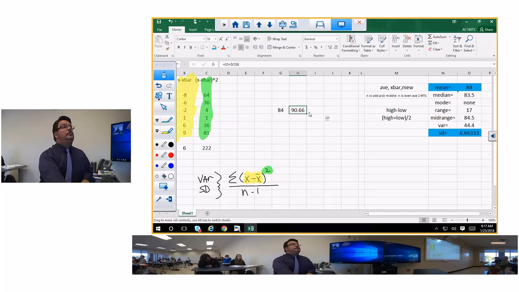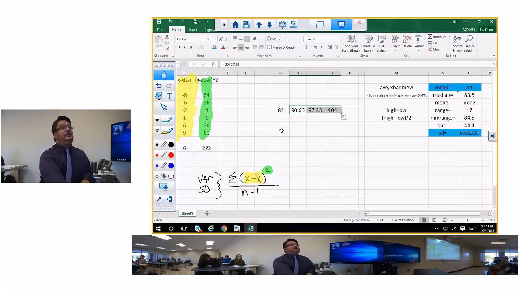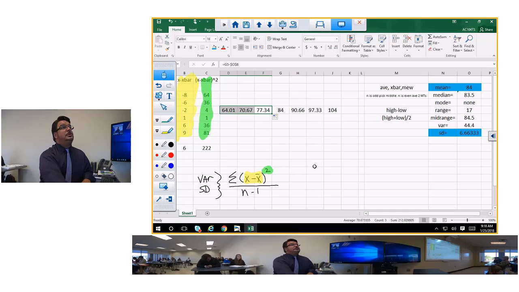That's 3 standard deviations to the right, and over here equals this number minus standard deviation, F4, enter, and take that one 3 to the left.